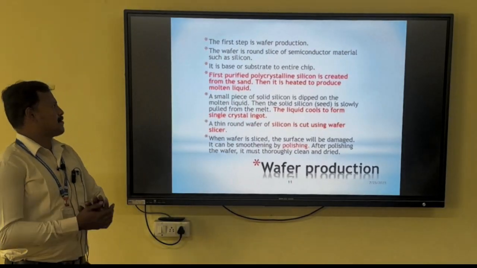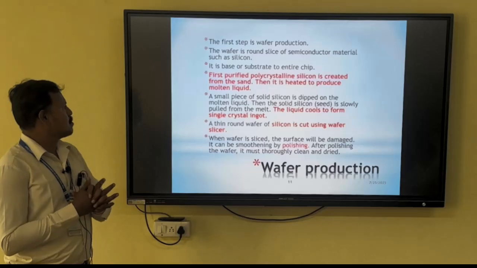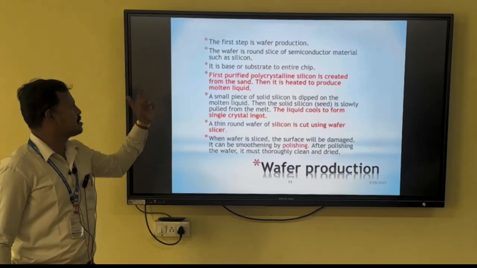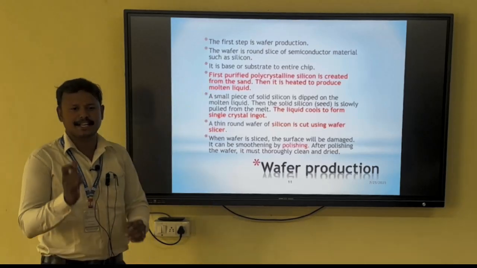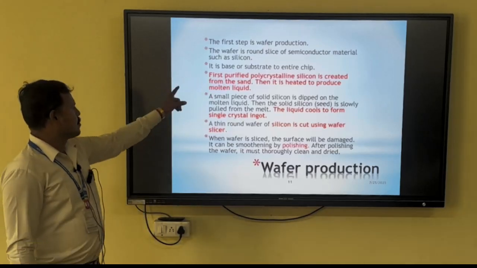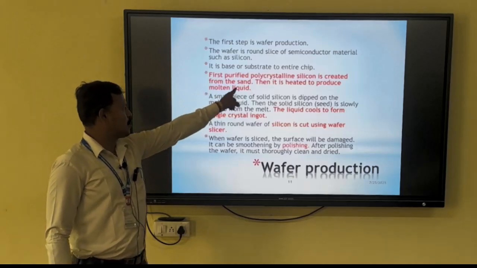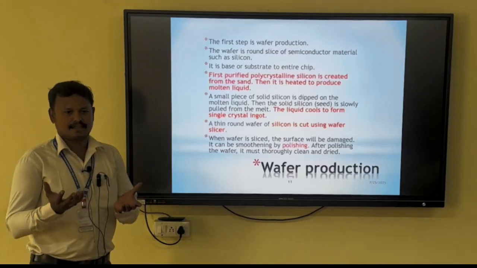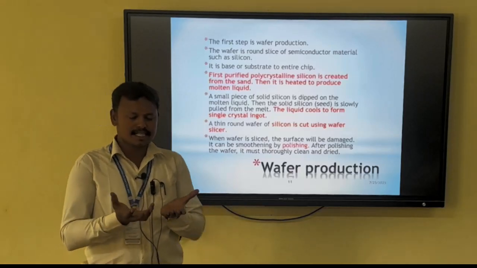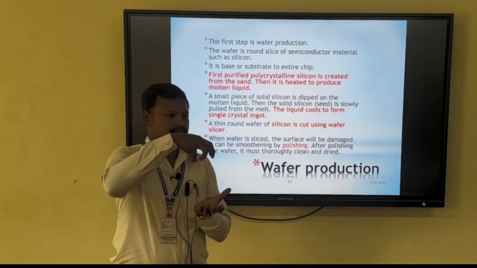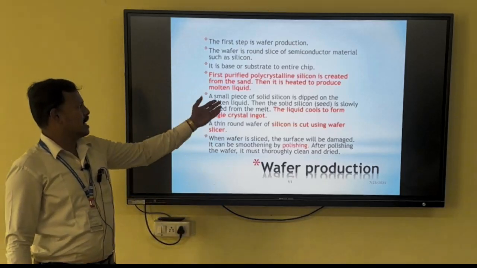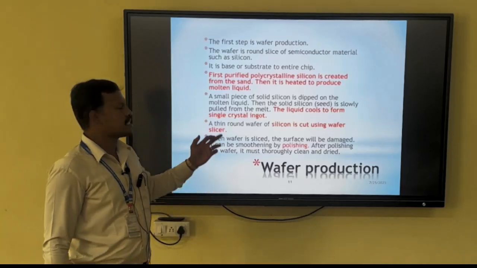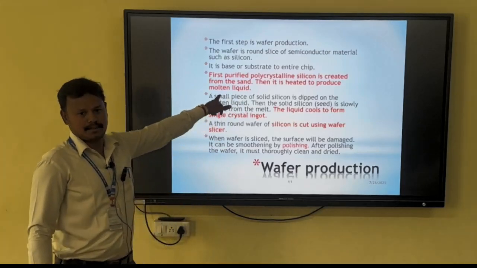First step, wafer production. The wafer is the base or substrate for the entire chip. First, purified polycrystalline silicon is created from sand. The silicon is collected from sand. Then that silicon is heated and converted to molten liquid.